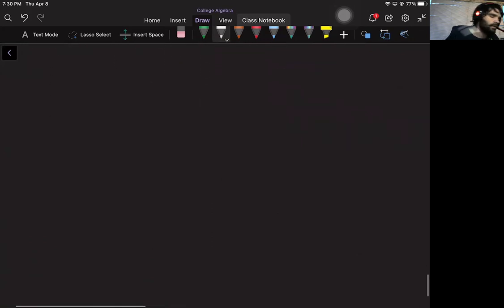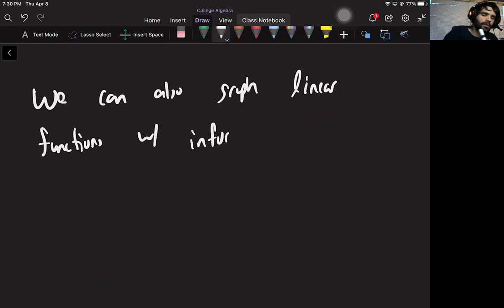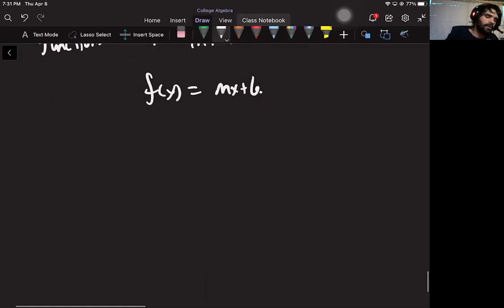Okay, and another thing we can do, so lots of stuff we can do. We can also graph linear functions with information instead of the function formula. So you often see questions like this.